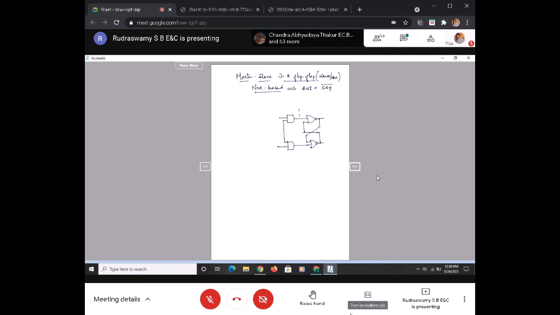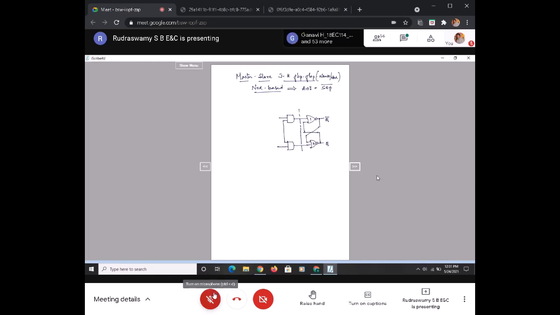Now, can anyone tell me what is this? What is this part, the right side? That is NOR gate 1 and NOR gate 2, I have bifurcated, right? So what is the right part of this bifurcation? Latch. What latch? Unclocked latch?